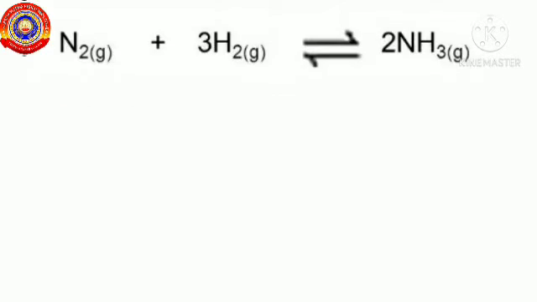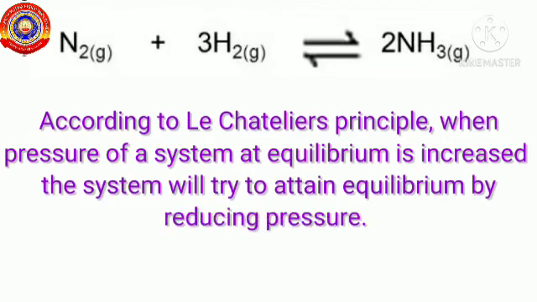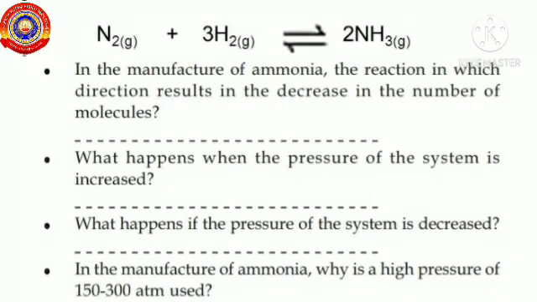So according to Le Chatelier's principle, what did we learn? Yes, when the pressure of a system at equilibrium is increased, the system will try to attain equilibrium by reducing the pressure. So based on this principle, let's analyze the answers for the questions given in your textbook.